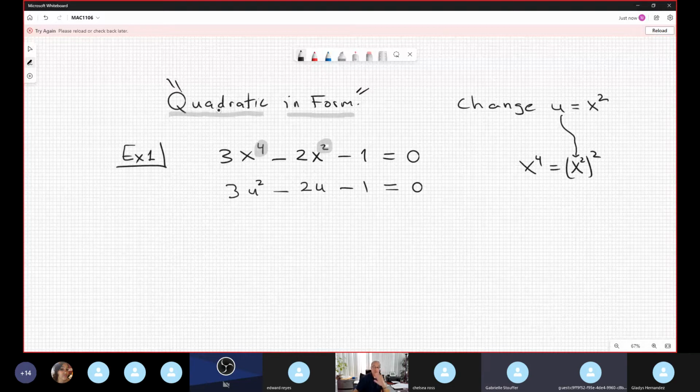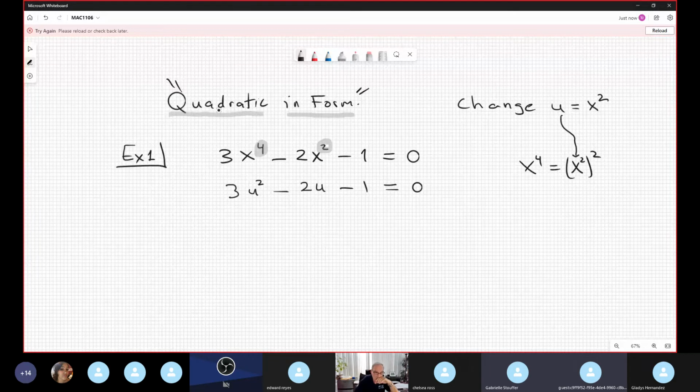This is not always possible to do. But in some scenarios, you detect that my equation is quadratic form. I apply the substitution, I convert to quadratic, and the rest of the story you know very well. Or I suppose that you know very well.